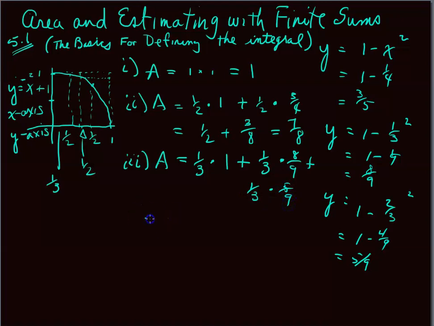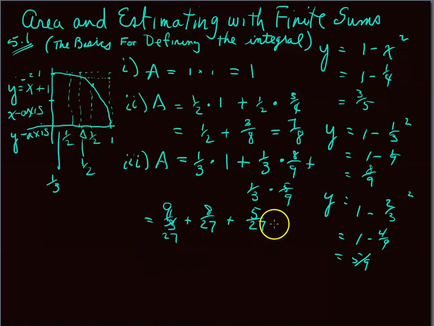Let's see. This area is 1/3 plus, and I guess we can do this as 8/27 plus 5/27. And how many 27ths is 1/3? We have to multiply by 9. So this is 9/27.